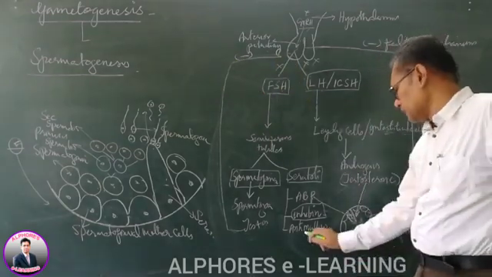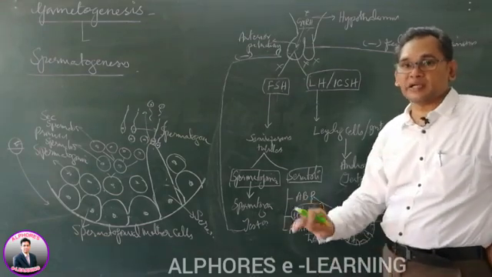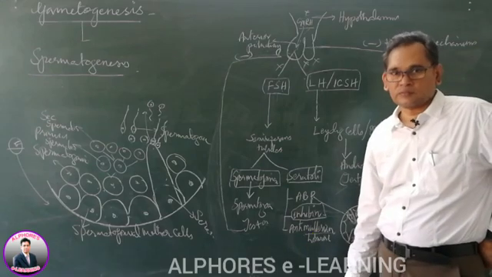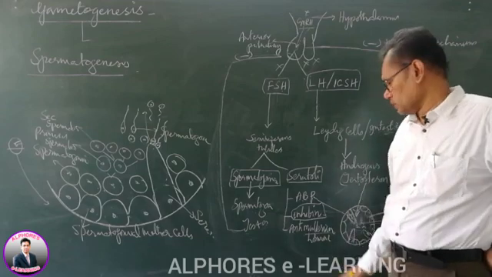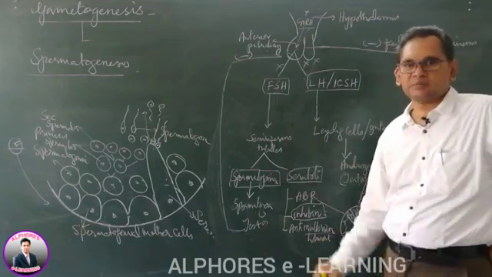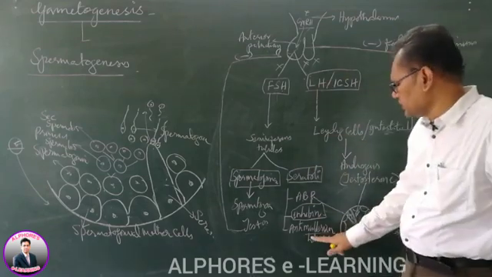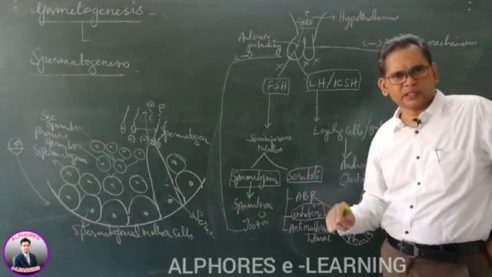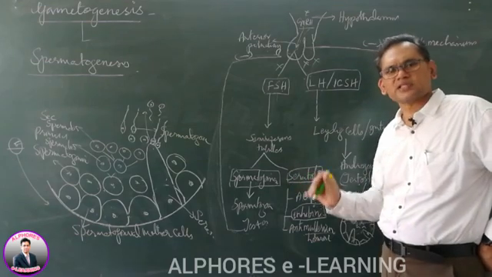Now this is the anti-Mullerian hormone. It suppresses the Mullerian duct. The Mullerian duct is the uterine tube in the females. This anti-Mullerian hormone suppresses the female reproductive activity in the males.